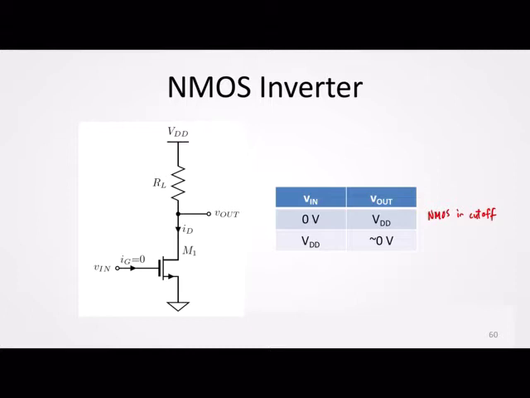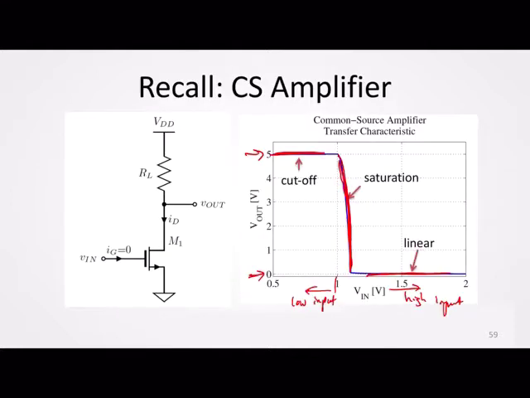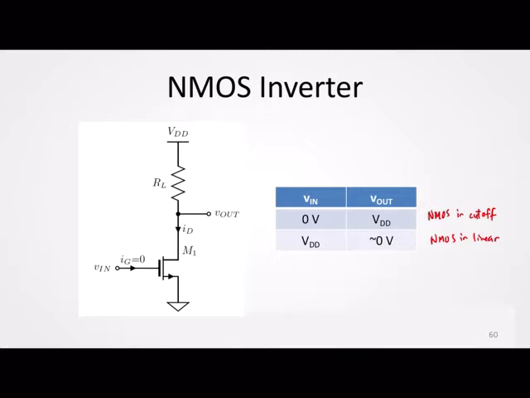When the input is VDD, the NMOS would be in linear mode, and the output would be approximately 0. So if we refer to the voltage transfer characteristic here, our 5 volts is farther to the right, and of course, if you look at the corresponding voltage on the y-axis, that would be 0 volts for V out. Okay?